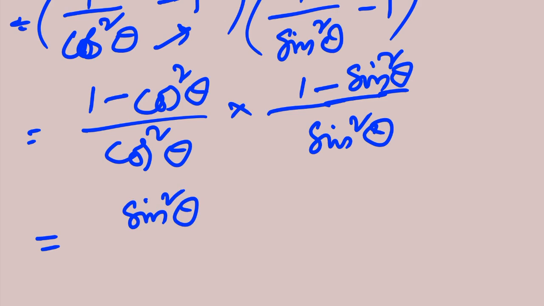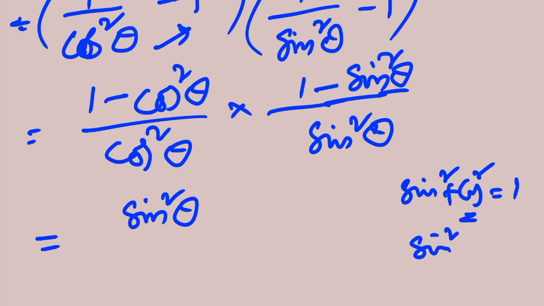Why? Because we all know that sine square plus cos square theta equals 1. So if I send cos square to that side, then sine square theta equals 1 minus cos square theta. So in the place of 1 minus cos square I can substitute sine square.